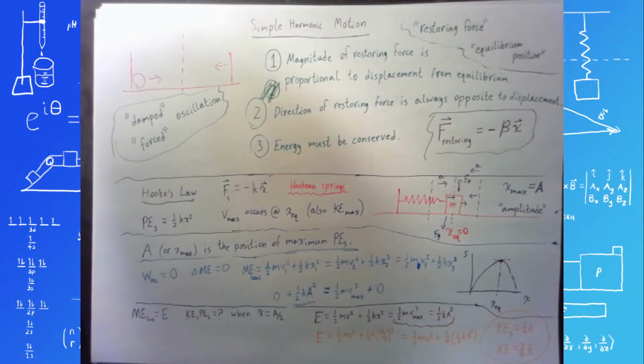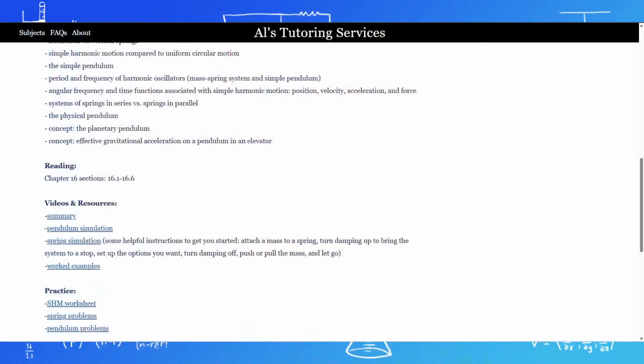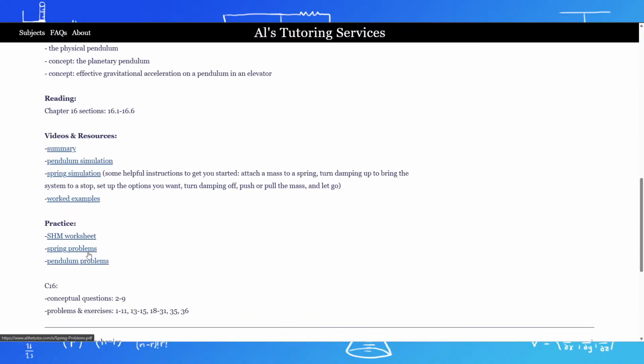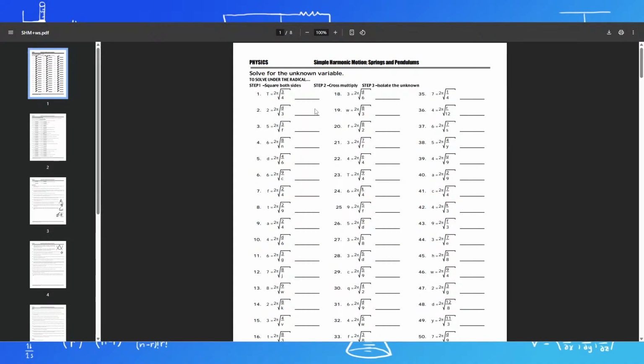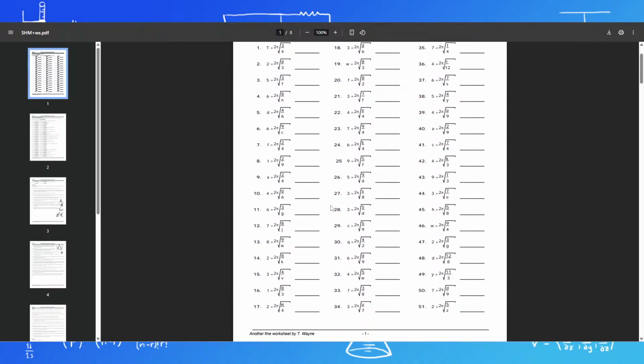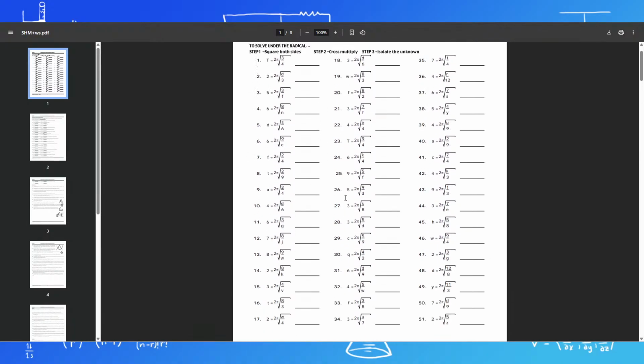So the homework that I actually have listed, I might as well show it off now before I forget to. The homework that I'm going to have is this simple harmonic motion worksheet over here. It's just a bunch of repetition.